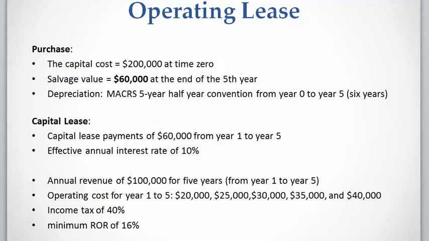Annual revenue is going to be $100,000 from year 1 to year 5, and the operating costs are going to be 20, 25, 30, 35, and $40,000 from year 1 to year 5. Tax is going to be 40%, and the minimum discount rate is going to be 16%. The effective annual interest rate for the lease is going to be 10%, and capital lease payments are going to be $60,000 per year from year 1 to year 5.